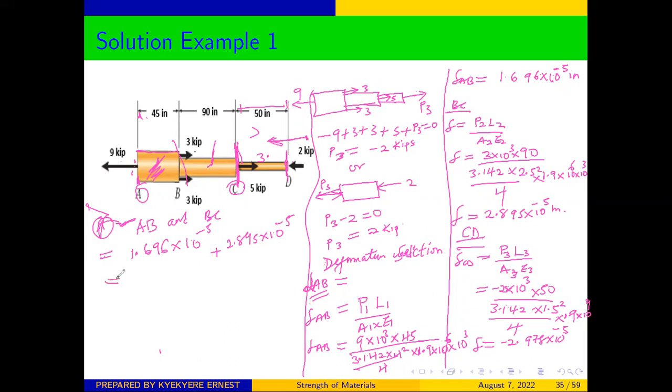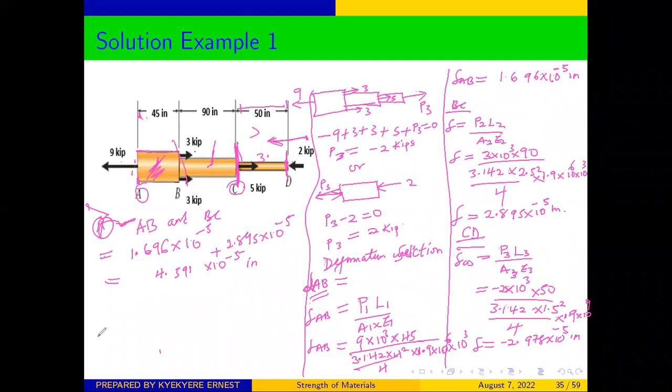And from there, the deflection of point C is going to be 4.591 times 10 to the power -5 inch. All these deformations are in inches. Don't forget about that.